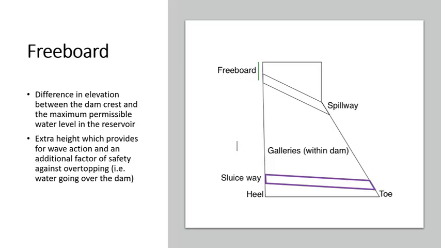Overtopping is essentially water going over the dam, and this can be dangerous because it can erode the downstream part of the dam and subsequently cause leaks and eventually destabilize the whole structure.